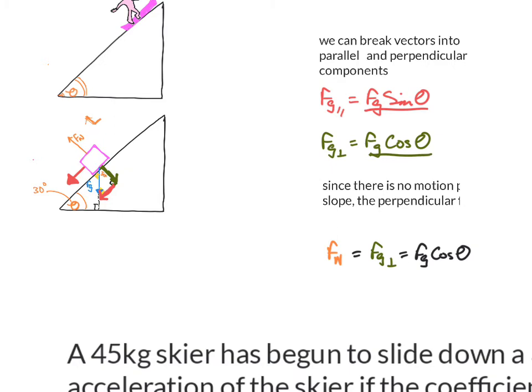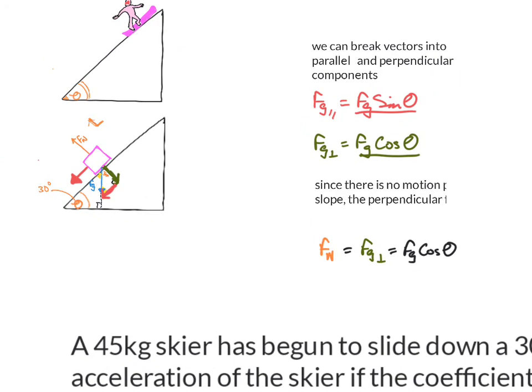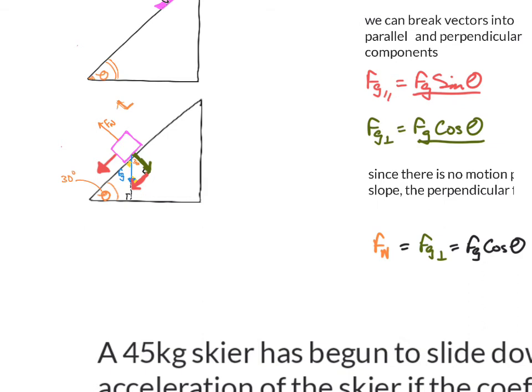So we've got a way to break these vectors into parallel and perpendicular components. And since there is no motion perpendicular to the slope, we know that the green and the orange arrows are equal to each other.